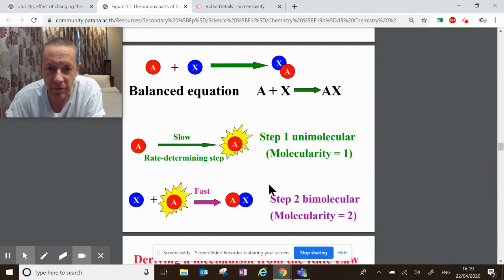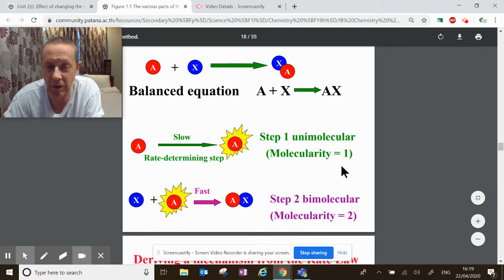Now, some of the other vocab that you can see floating around in here: step one of this two-step mechanism is described as unimolecular, quite simply because there's only one particle, only one molecule reacting in that step. So it's unimolecular, molecularity 1.